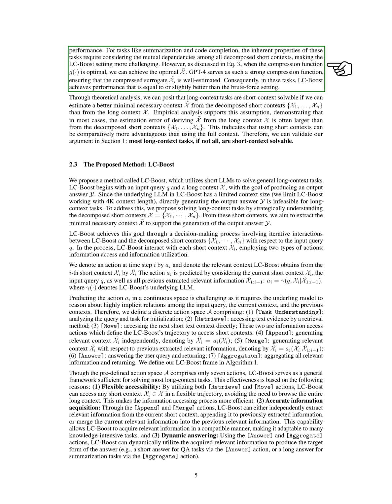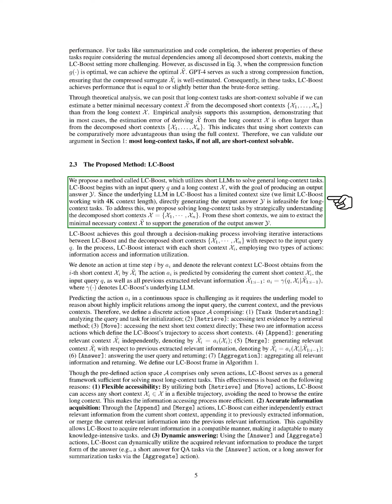Our empirical analysis suggests that estimating X̃ from decomposed short contexts is often more accurate than from the long context X, indicating the advantage of using short contexts over the full context in most cases. We introduce LC Boost as a method that leverages short LLMs to solve long context tasks effectively.